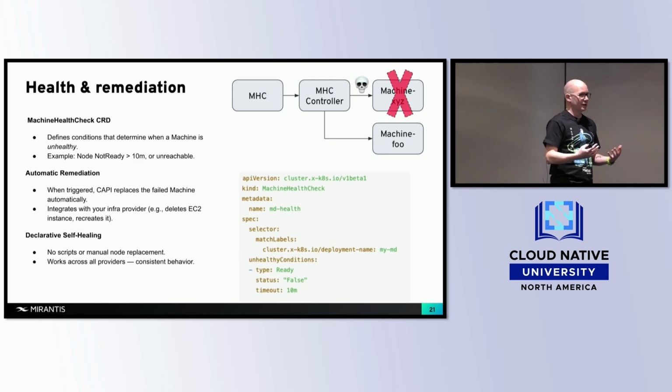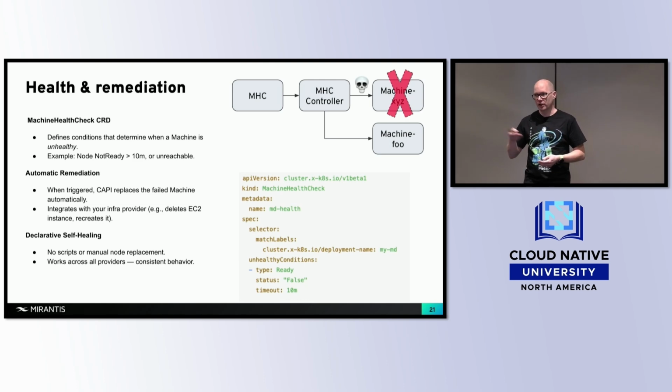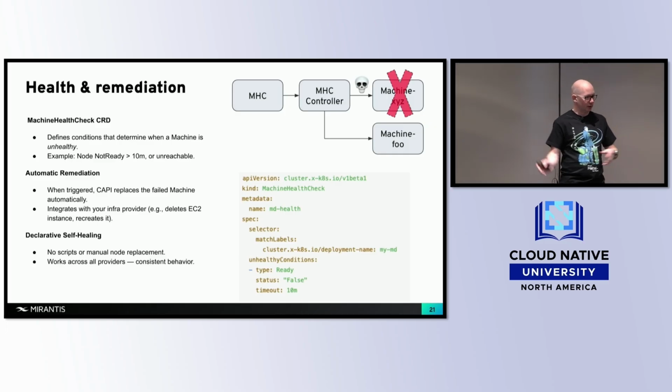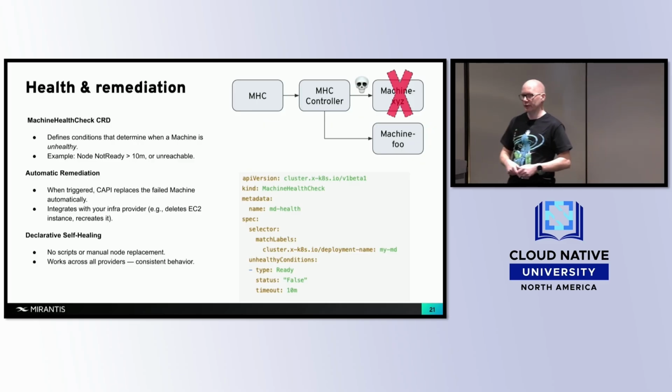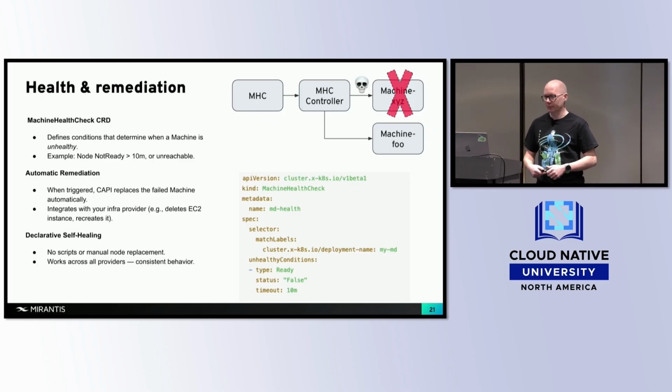Just like you do with pods. If health checks are failing, Kubernetes will kick those out and create new ones. So CAPI is really reusing the learnings and patterns from Kubernetes itself.